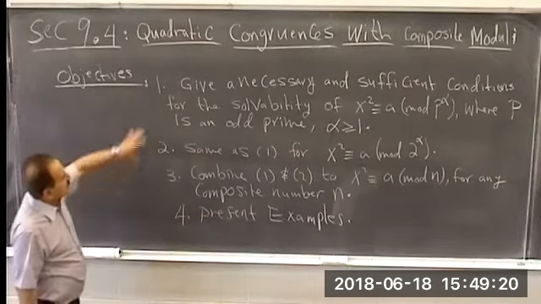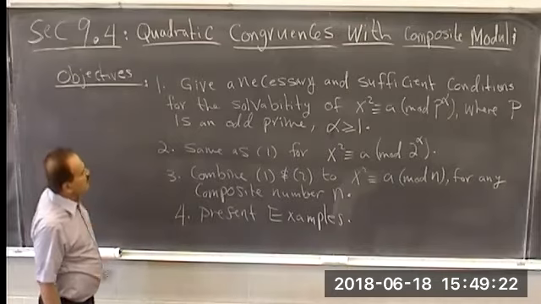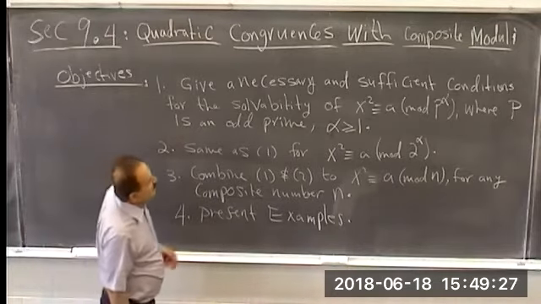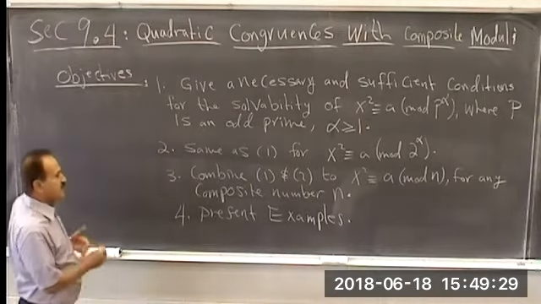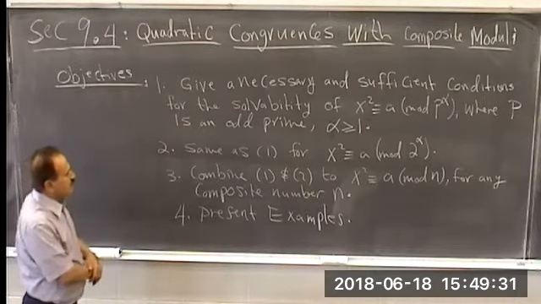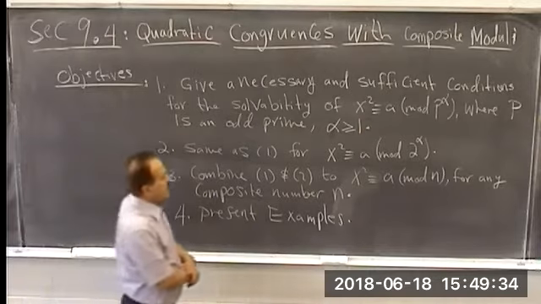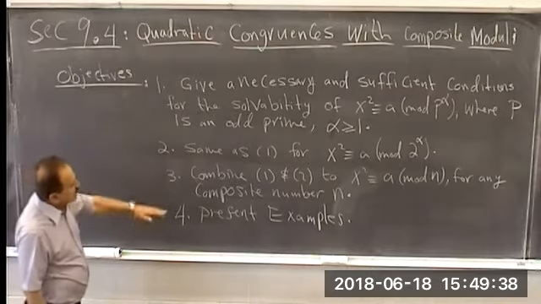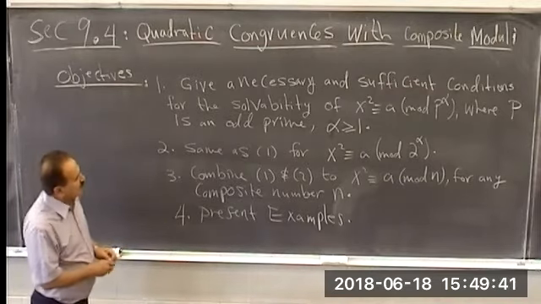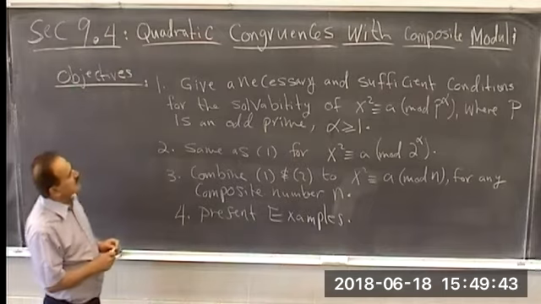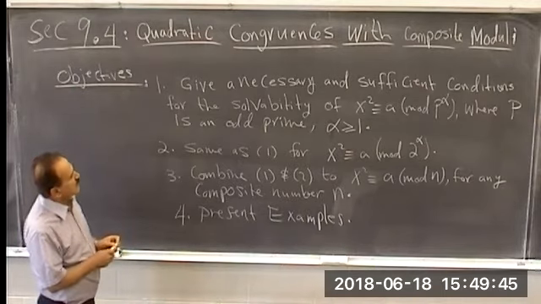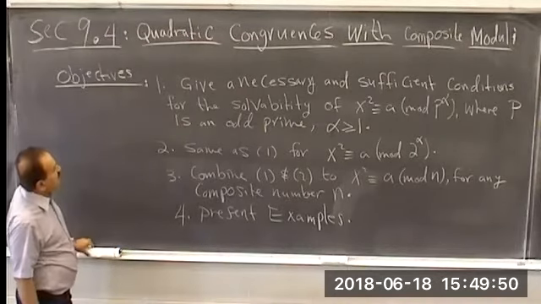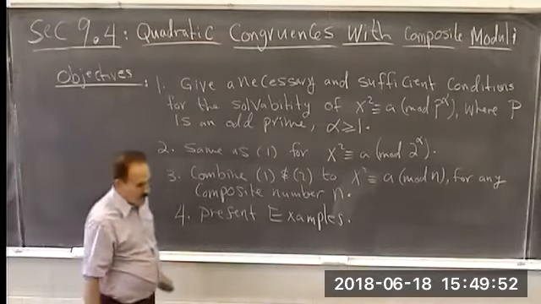And then we're going to combine 1 and 2 to give us the theory of quadratic congruences and the quadratic residue theory for any positive integer n. Throughout, we're going to be giving examples to illustrate the different ideas and the different methods of solving these different kinds of quadratic congruences. So let's get started with the first one.